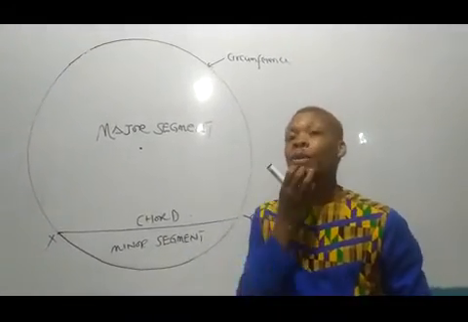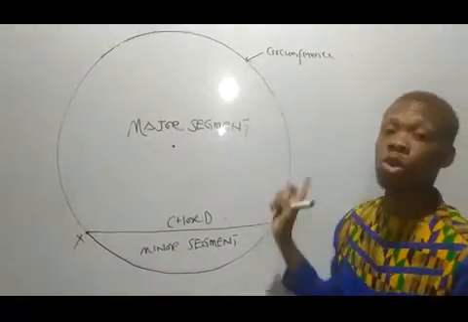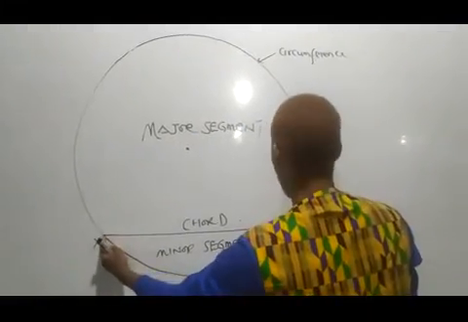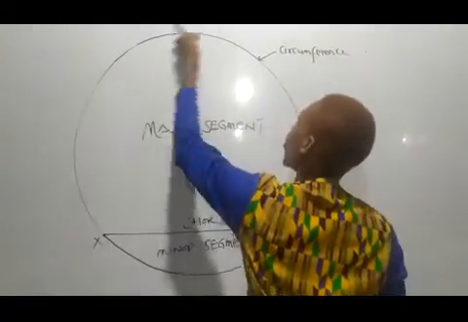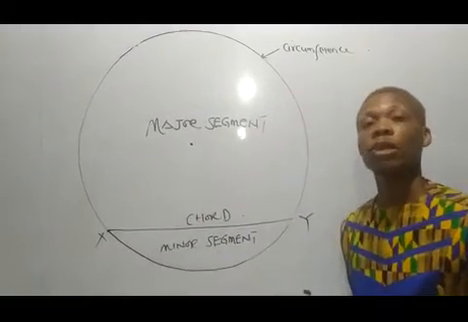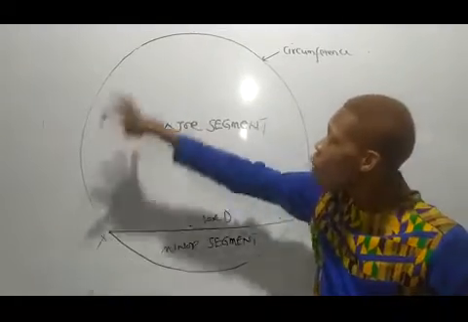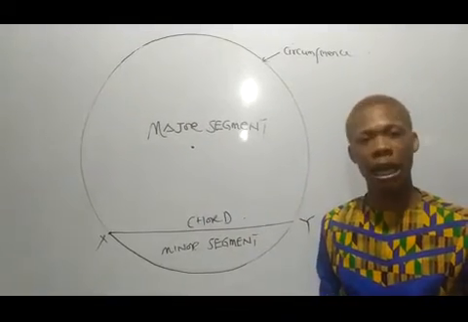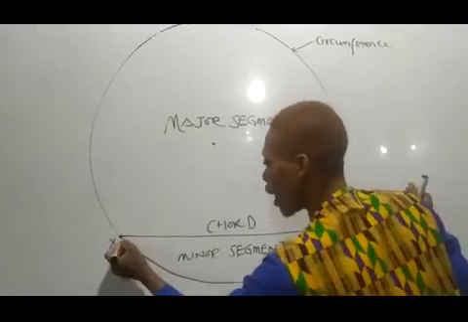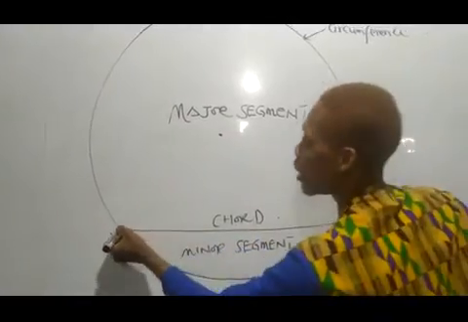I further went on to explain that this chord will also break the circumference into two. So from this chord, we have this section of the circumference, and then this part also of the circumference. And I said, anytime you cut a portion of this circumference off, you obtain what we call an arc.